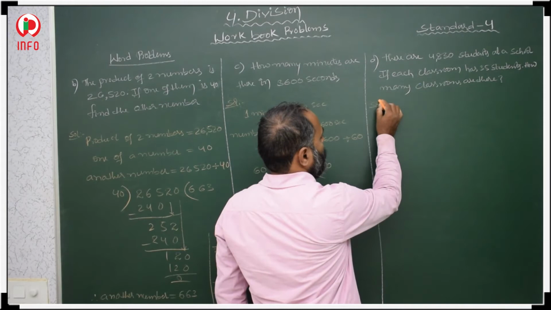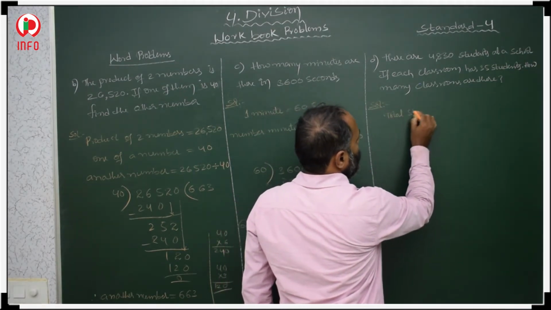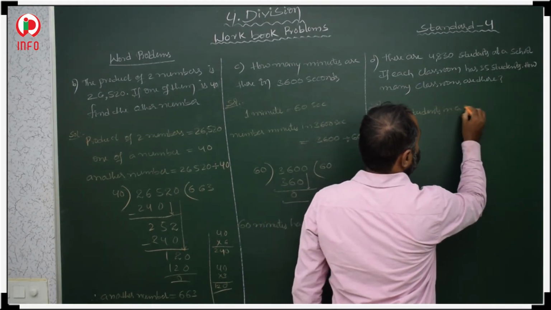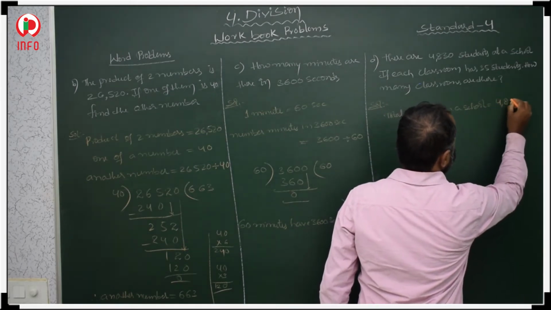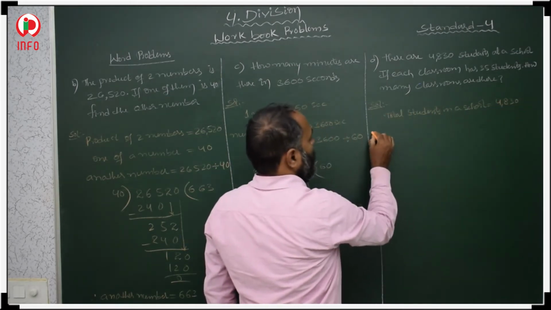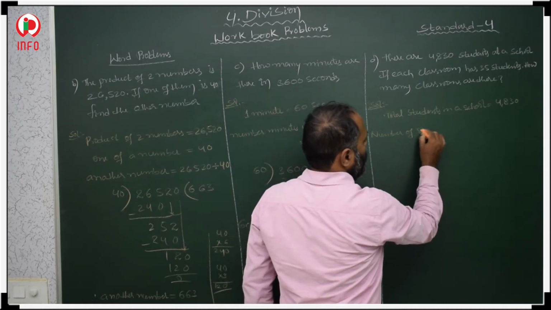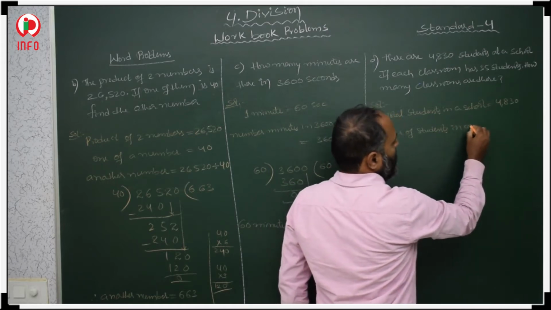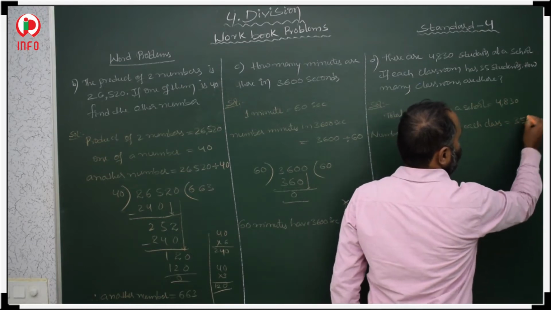Now here, total students in a school: 4830. Number of students in each class: how many students are there in each class? 35.